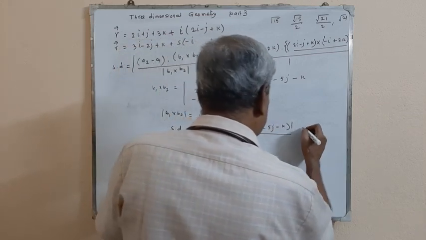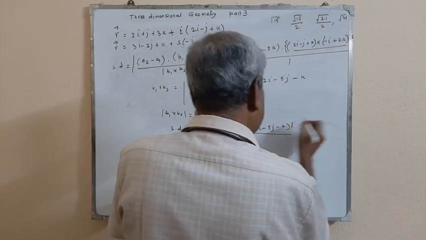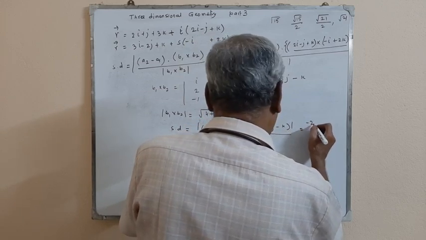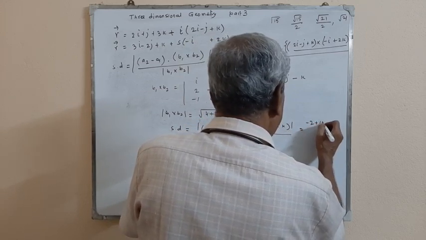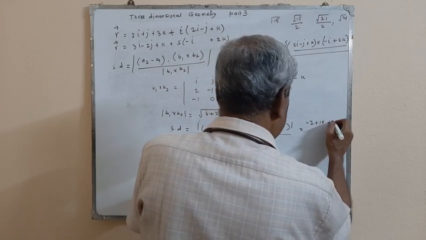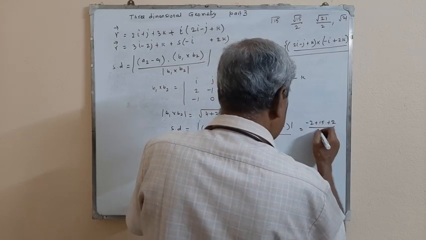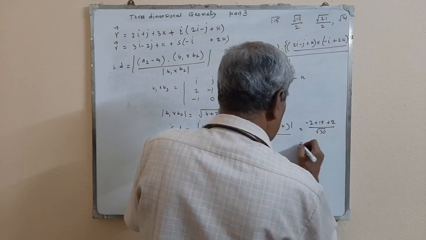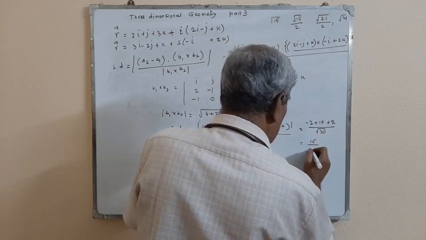It is equal to minus 2 plus 15 plus 2 by root 30. It is equal to 15 by root 30.